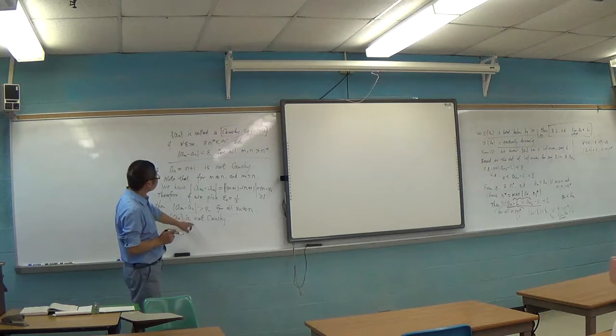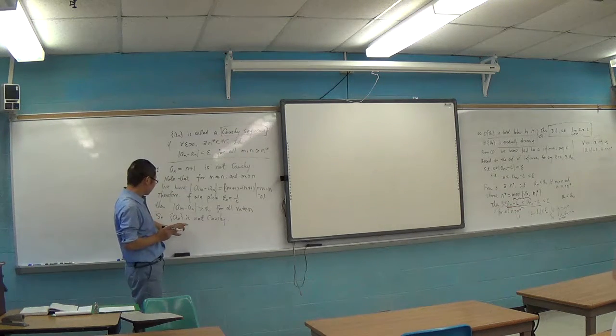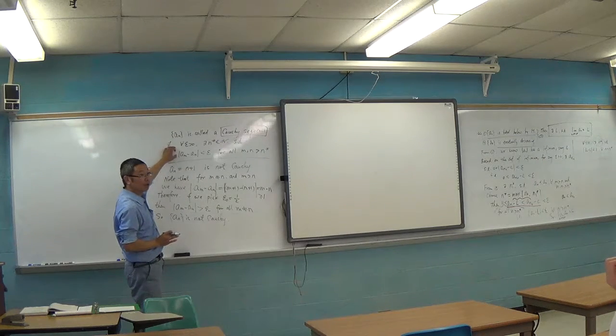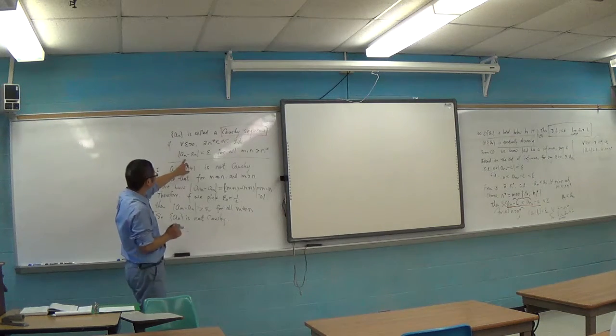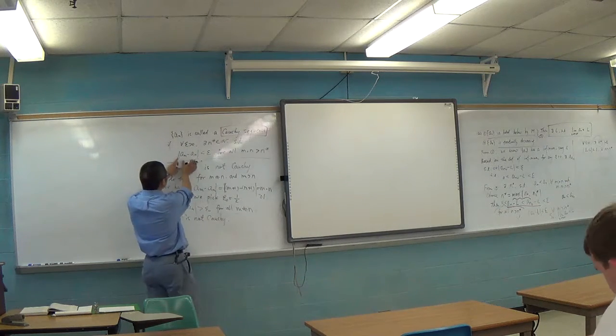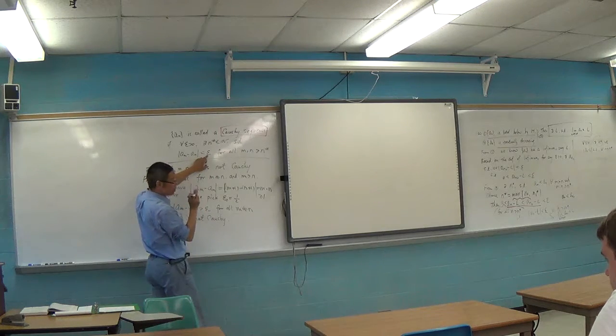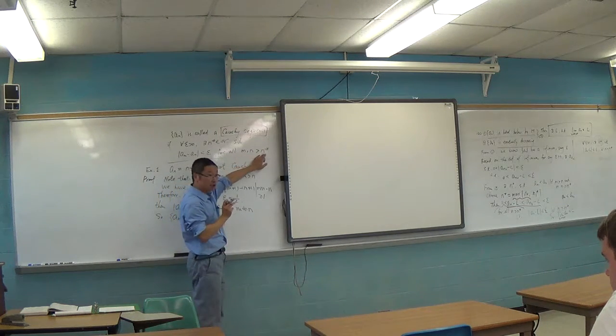I claim it's not Cauchy. So this is the definition for a Cauchy sequence, right? If I claim that this is not Cauchy, that means what I obtained violates this definition. The definition says for any epsilon greater than 0, the absolute difference of a_m and a_n will be less than epsilon for all n greater than n star.